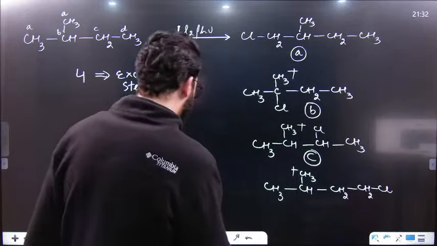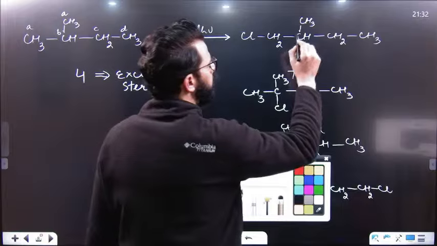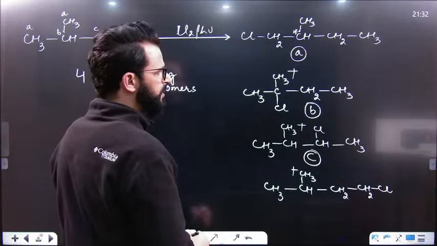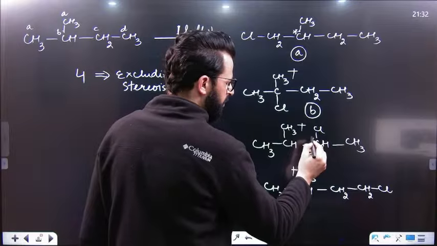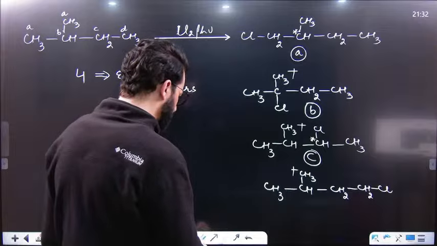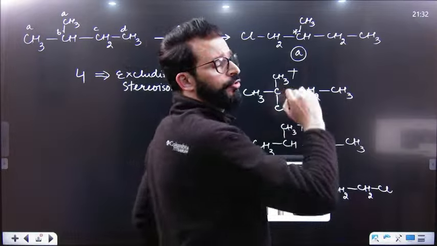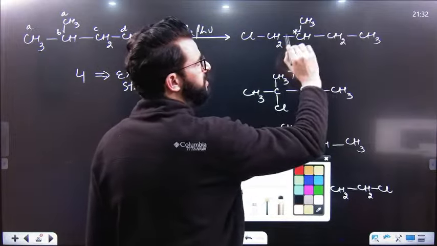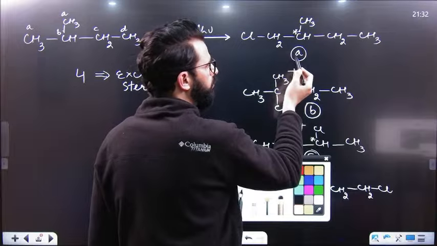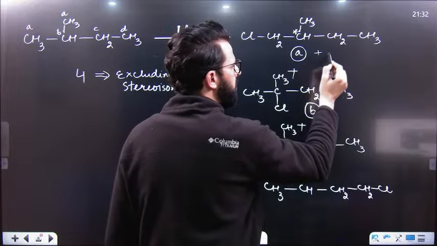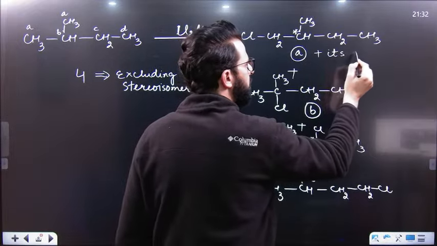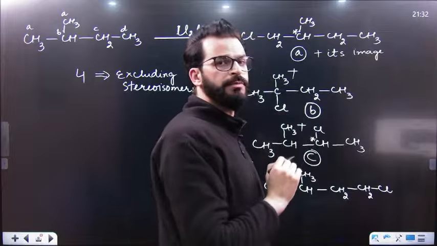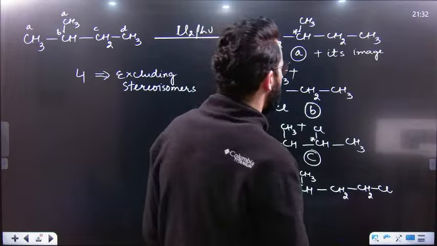For that, you have to check that this carbon is what we call a chiral carbon. Similarly, this carbon is also a chiral carbon. And we know whenever a molecule is having 1 chiral carbon, the isomer forms will be 2. One will be this A, another will be its image, I mean its enantiomer, its non-superimposable mirror image.